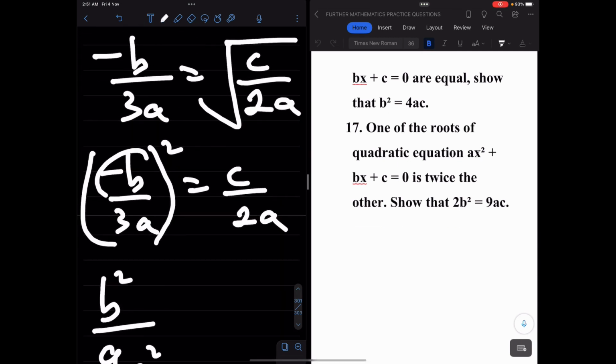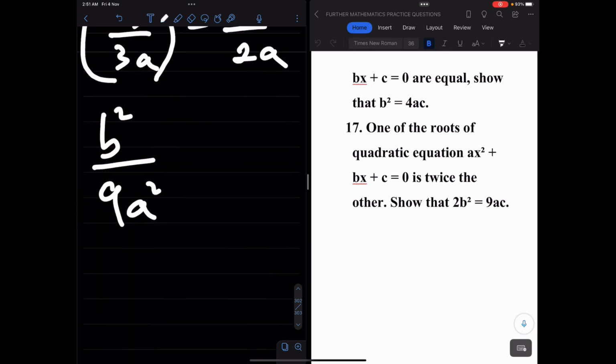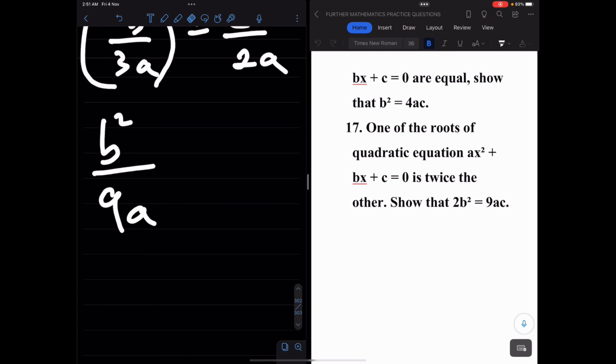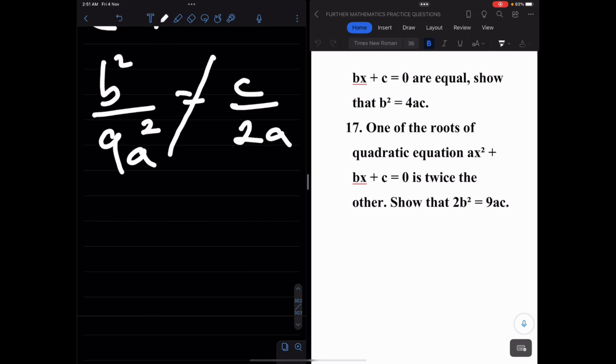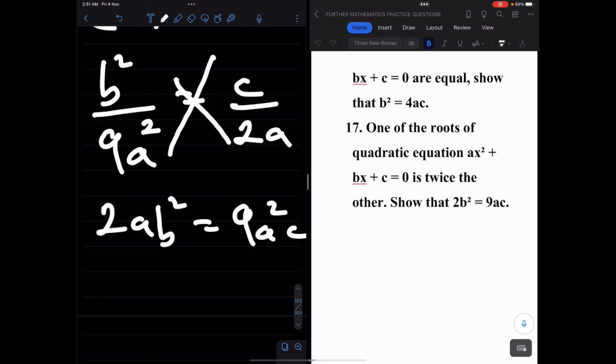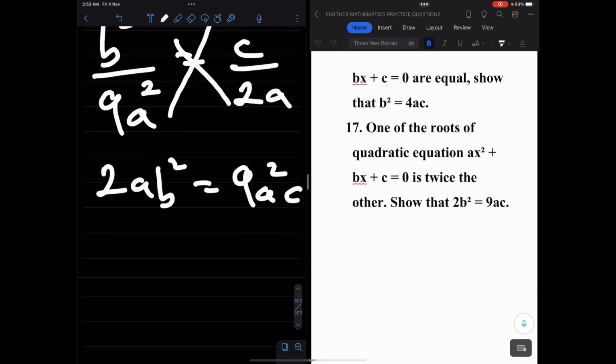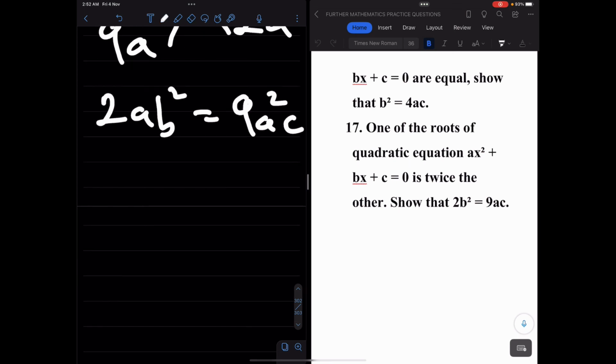Of course, the square of minus b is b squared, and the square of 3a is 9a squared. So that's going to be b squared over 9a squared equals c over 2a, which simply means when we cross multiply, we're going to get 2ab squared equals 9a squared c.